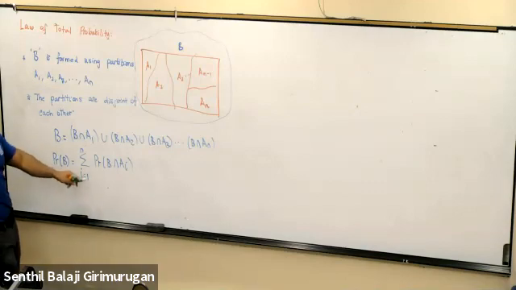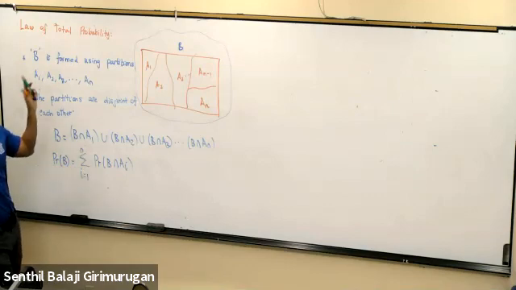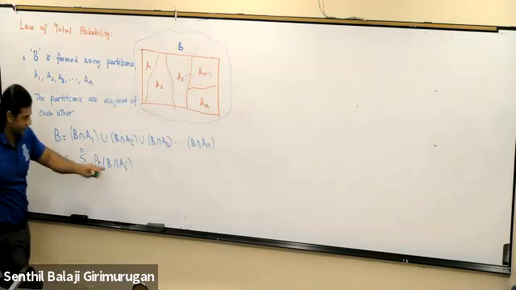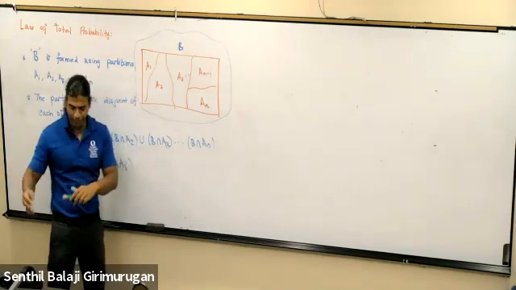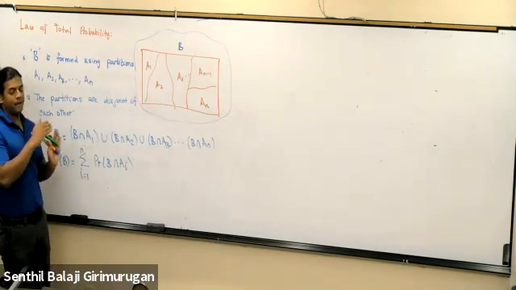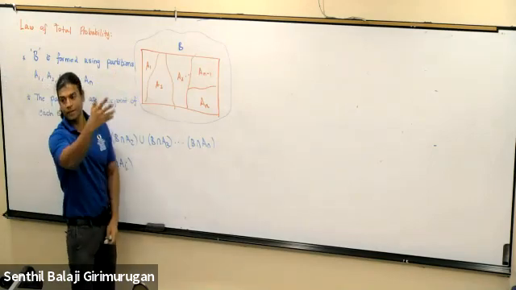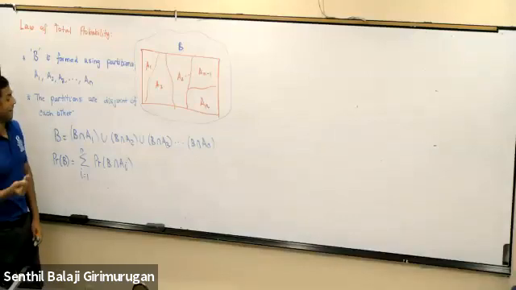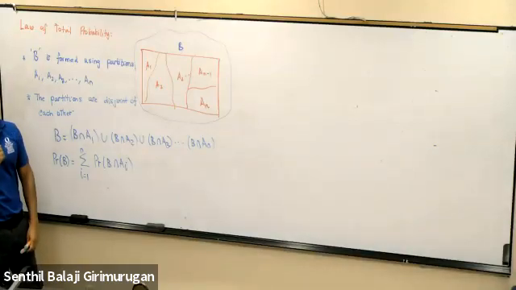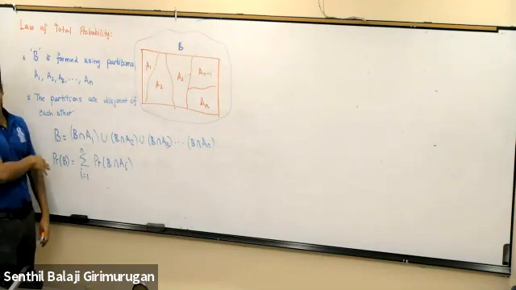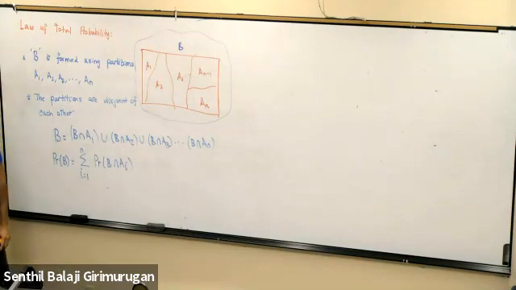If I have multiple events, say A1, A2, etc., and B depends on A1, A2, all the way up to AN, is there a way for us to write it so that we can get to Bayes' rule? It looks very trivial, but that's what I'm trying to do.